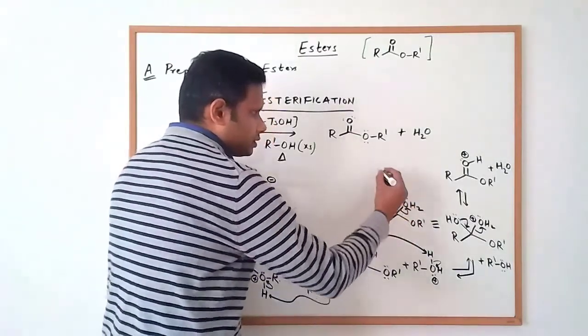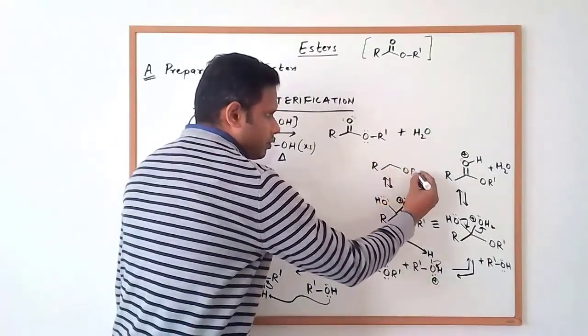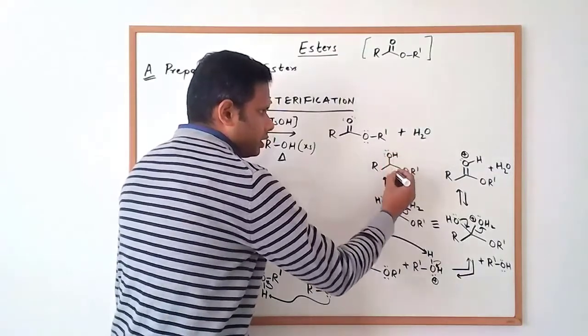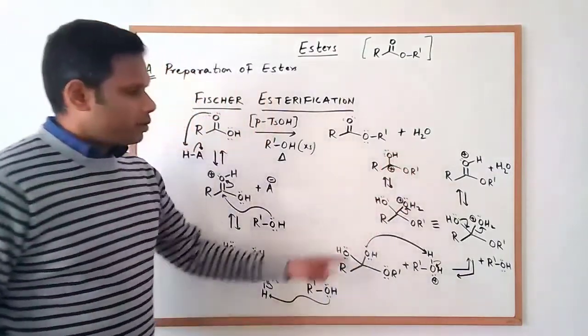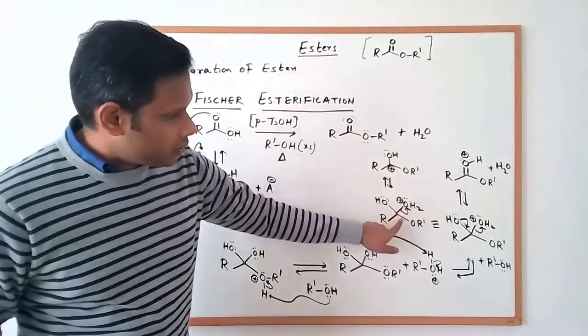and this will bring us to an intermediate where we would have OR prime, a hydroxyl group, and a carbocation on that carbon, because the water molecule left from here.